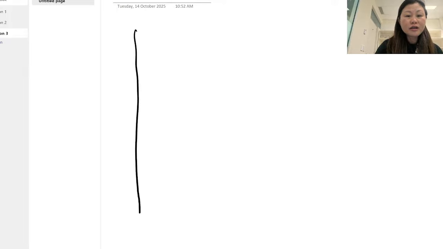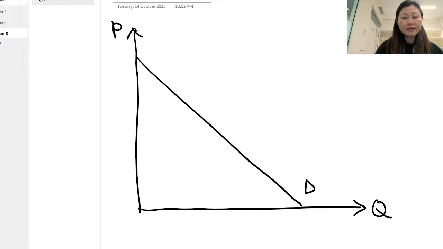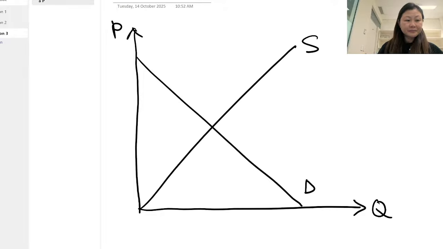I'm going to draw demand, supply. Now, I want you, for exam purposes, to learn how to draw this, which is why I'm doing this on a blank screen without any words on it.